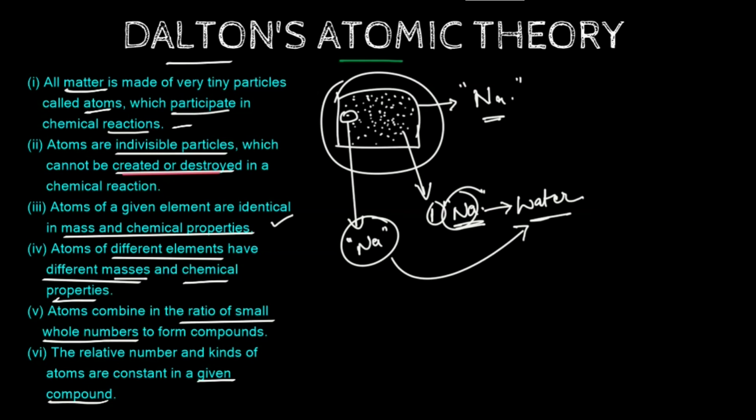So what does that mean? That means their chemical properties are the same irrespective of the sodium metal. If you take sodium metal from India, from Africa, or somewhere else around the world, their atomic masses are always the same, that is 22.